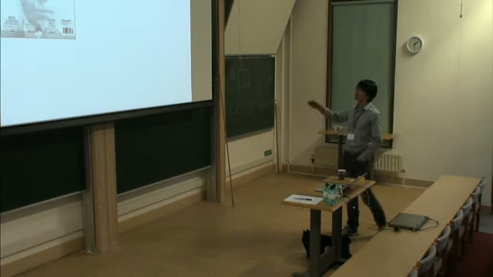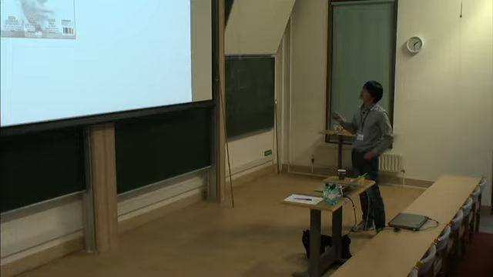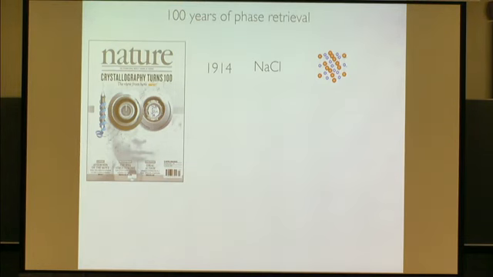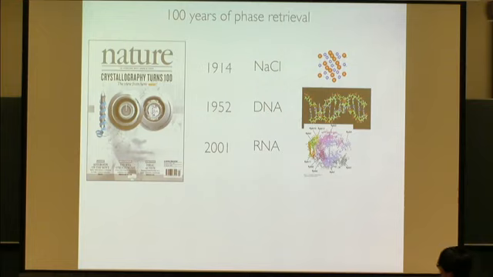In 1914, the sodium chloride atomic structure was determined by this technology. In 1952, it's well known that we found the structure of DNA by Watson and Crick. And after 50 years, finally, the complicated structure of RNA was determined in 2001. So there's quite a lot left that I don't mention.